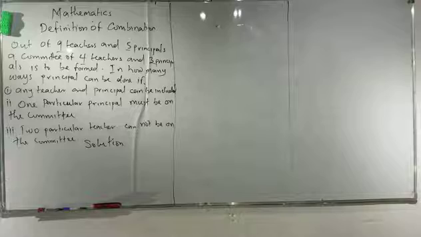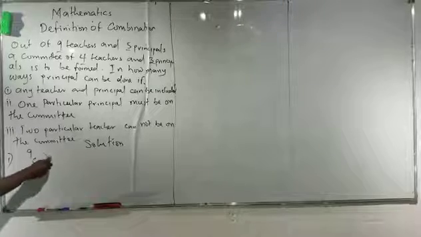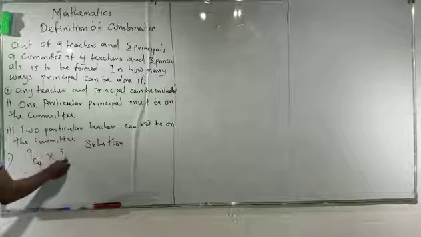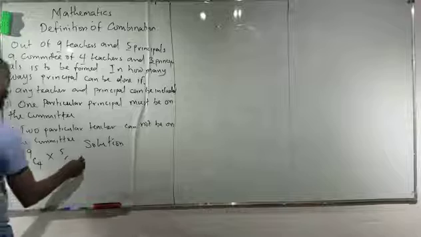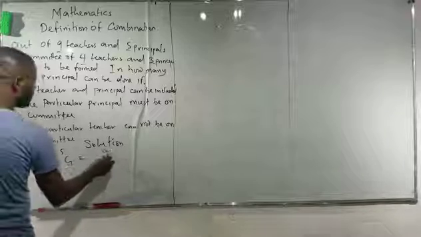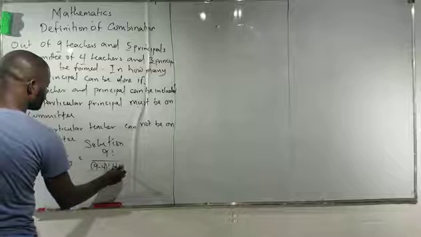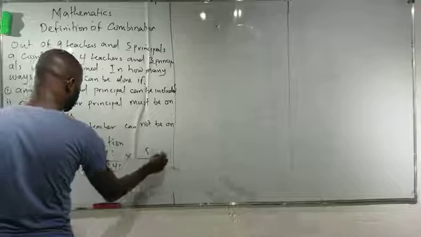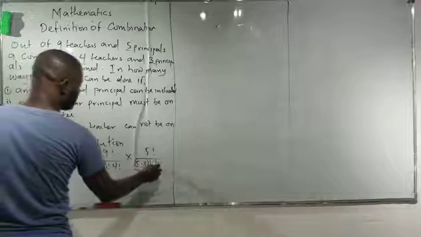It means number 1 would be 9 combined 4 multiplied by 5 combined 3. Indirectly, that is 9 factorial divided by (9 minus 4) factorial times 4 factorial, multiplied by 5 factorial divided by (5 minus 3) factorial times 3 factorial.